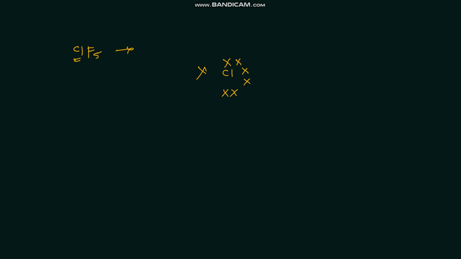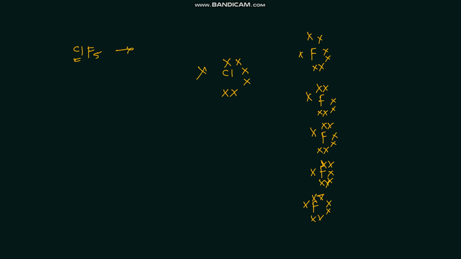And how many fluorine atoms here? 5. 1, 2, 3, 4, 5. Each fluorine has 7 valence electrons.